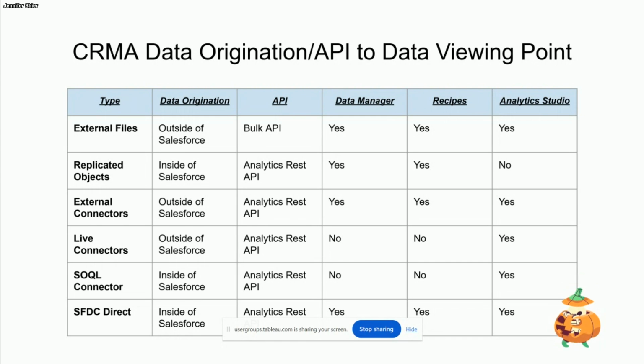My concern comes when this is the only one using the bulk API, your external files. So all of these REST API calls would be sharing the limits with the rest of your org. So if you're hauling a lot of heavy data in your org and then you go into CRMA and you haul a lot of heavy data, you're gonna run into some problems.